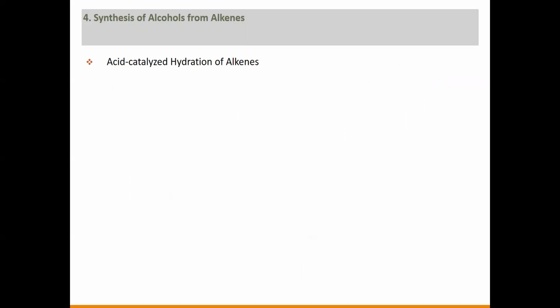Now let's go to the synthesis of alcohols. Last meeting, we talked about the different kinds of reactions that we already encountered in chapter 8. Usually the alcohols can be prepared from our alkenes.